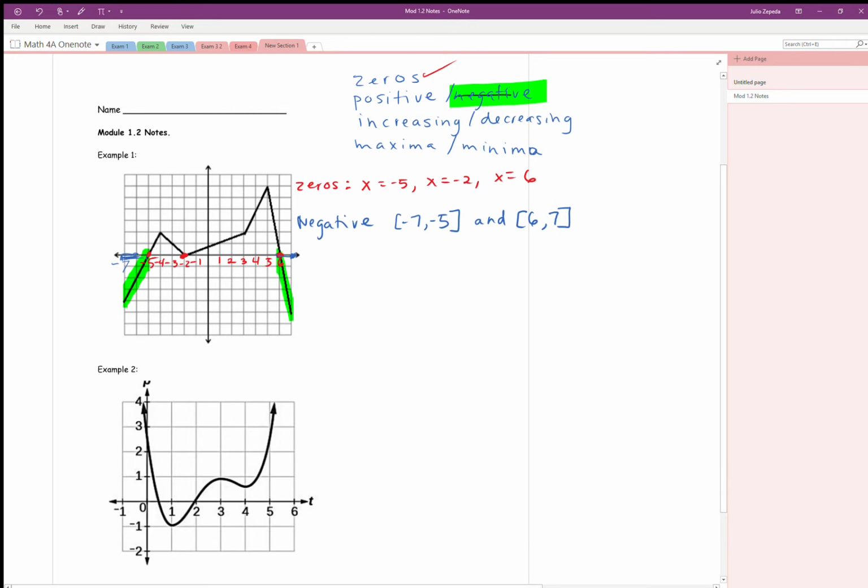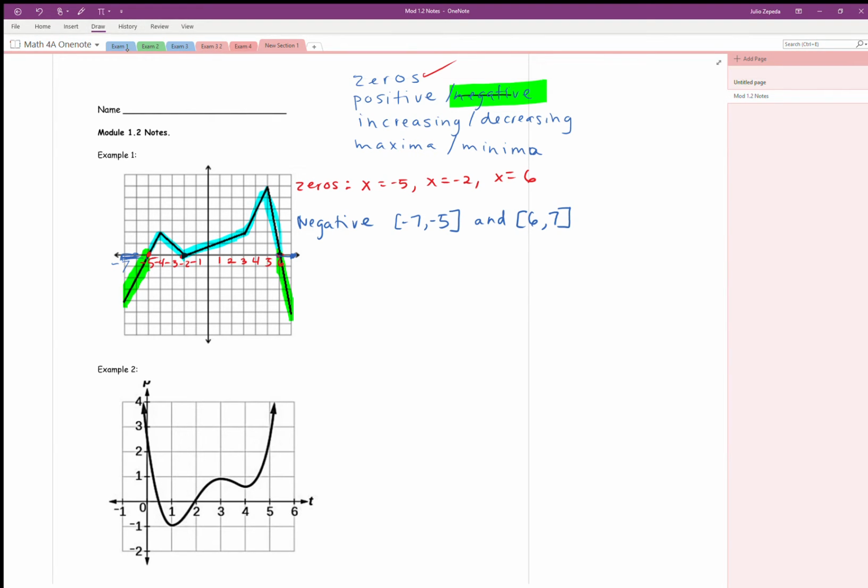Okay, so then for positive, I'm going to go ahead and highlight that one in blue. It's all these other parts, all of the parts that are above the x-axis. Okay, since that's all one piece and it's connected, I can just describe it as a single interval.